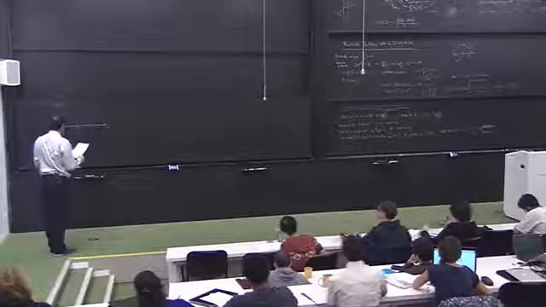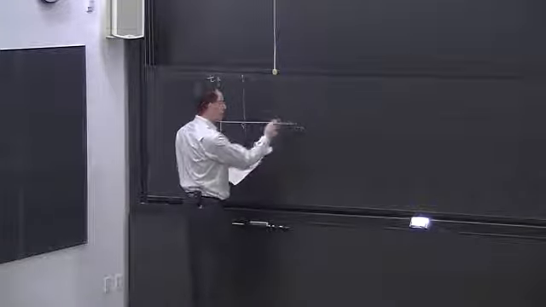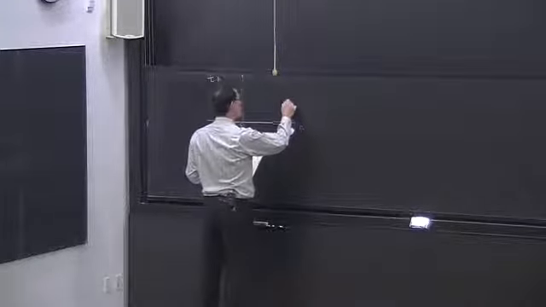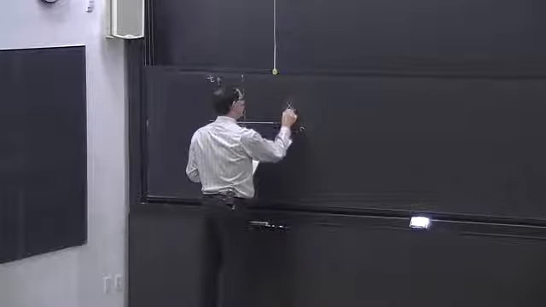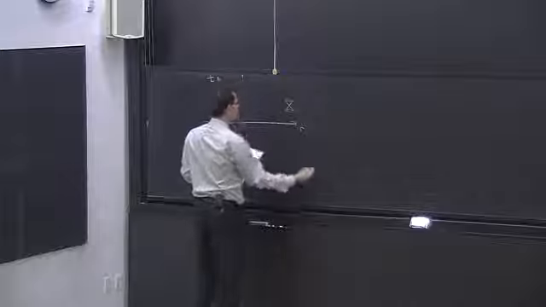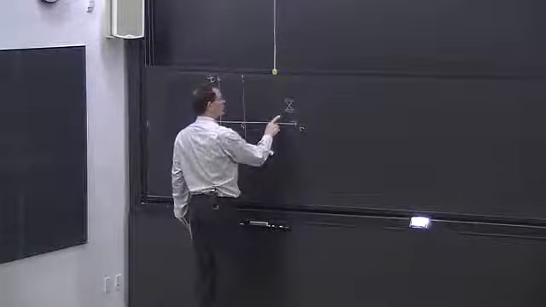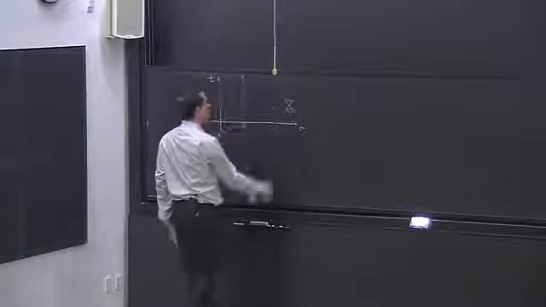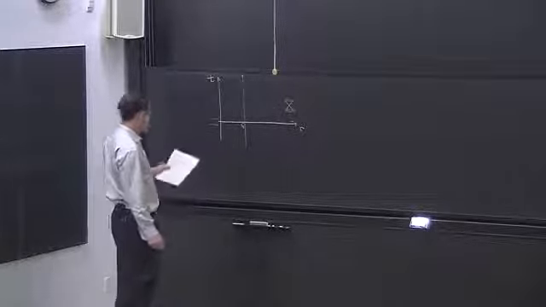A good way to understand the properties of a metric is to look at the motion of light rays in this metric. Out here, Rs over r is small, and basically you can have radial light rays which are either going in or going out or going at any angle, and they'll look just like they are in Minkowski space.